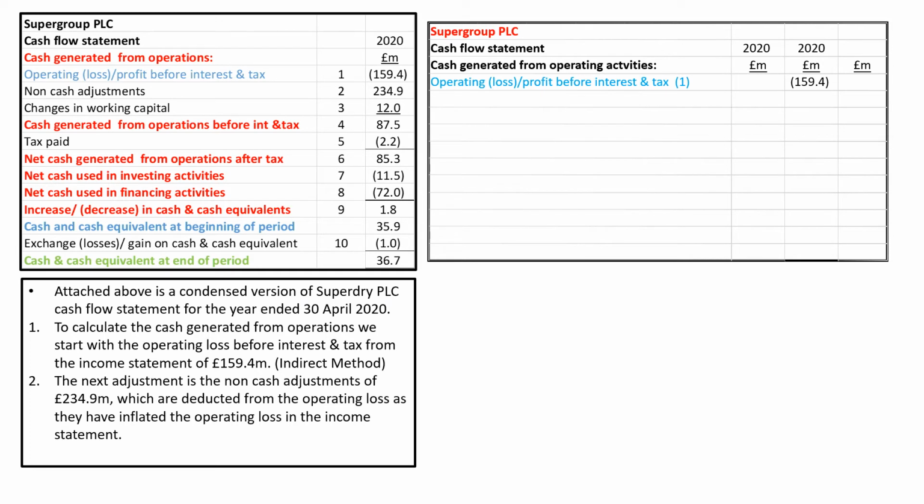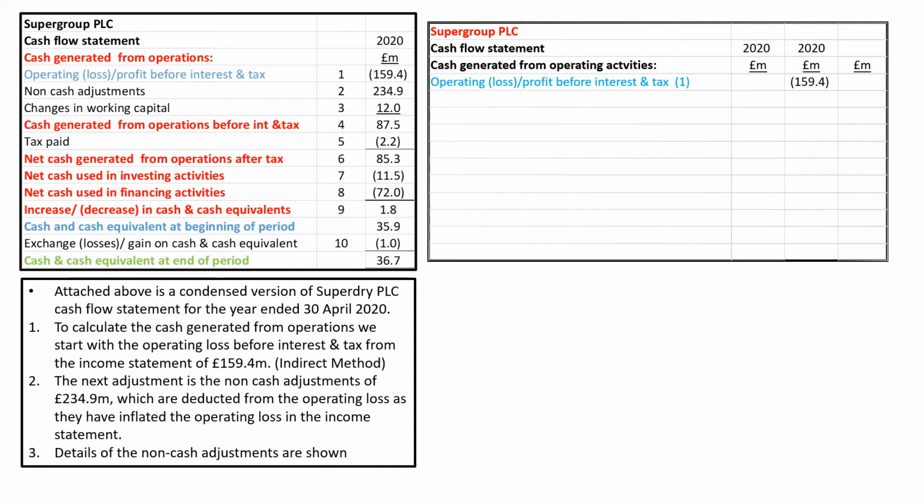Right, the next adjustment is the non-cash adjustments of 234.9 million, which are deducted from the operating loss as they have inflated the operating loss in the income statement.